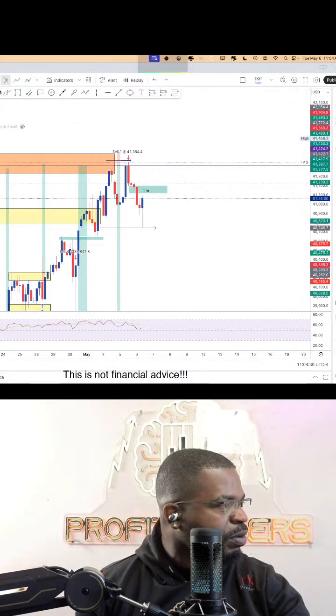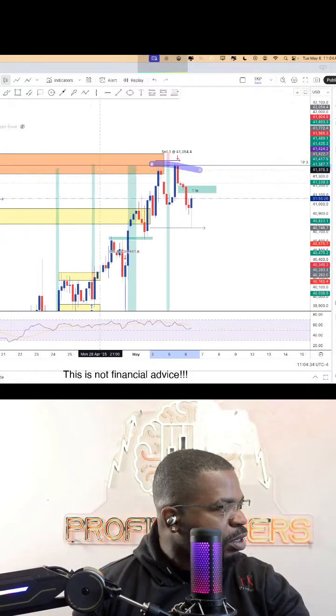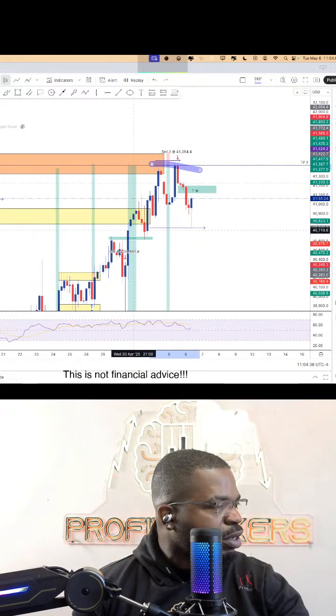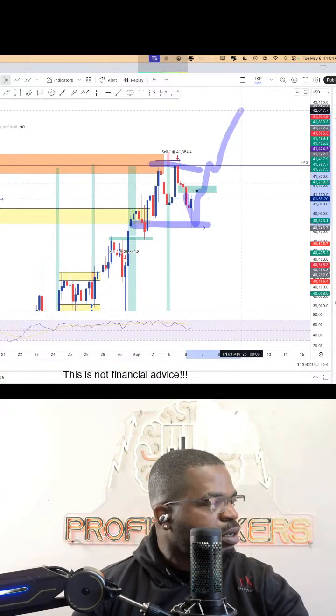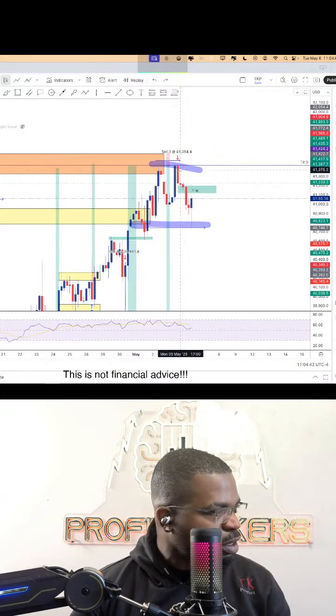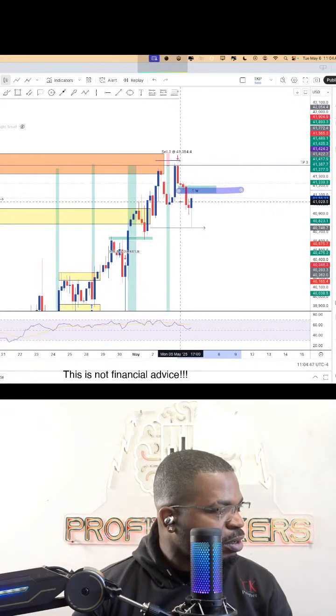Yeah, because this very well could be the end of this move. We could get the rejection here just to retest the low of the 4 hour before breaking above. So we definitely need to see what happens here.